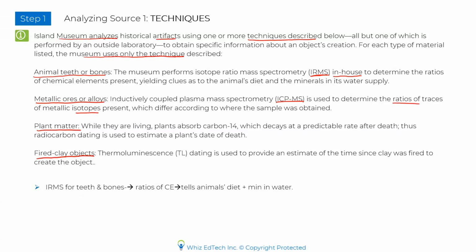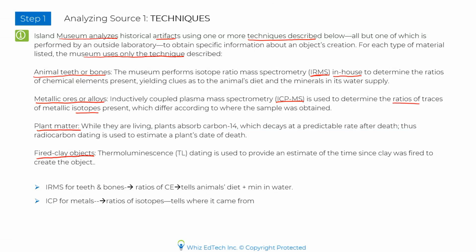So in short, ICP is used for metals, it studies the ratio of isotopes and tells us where that particular metal came from. See what I'm writing down, all right, without getting too much into details.